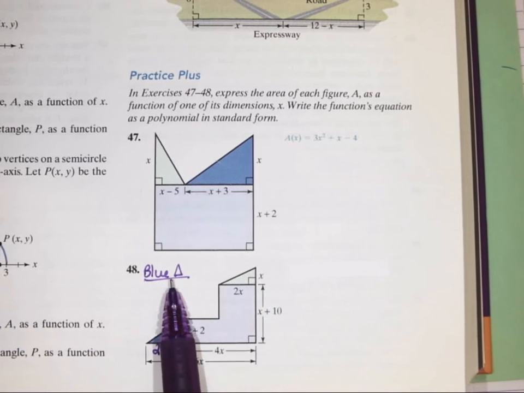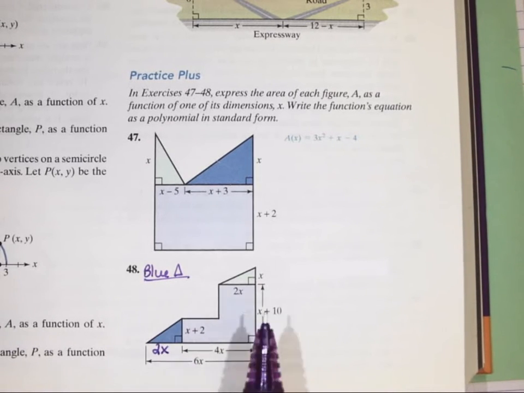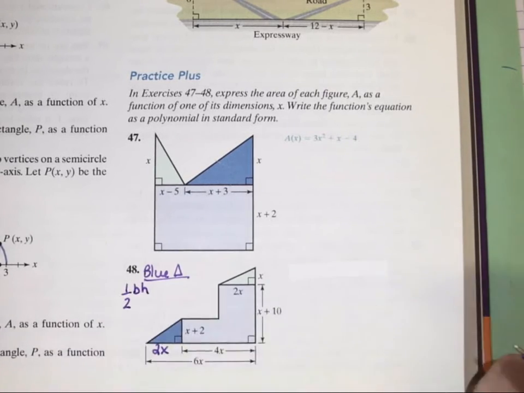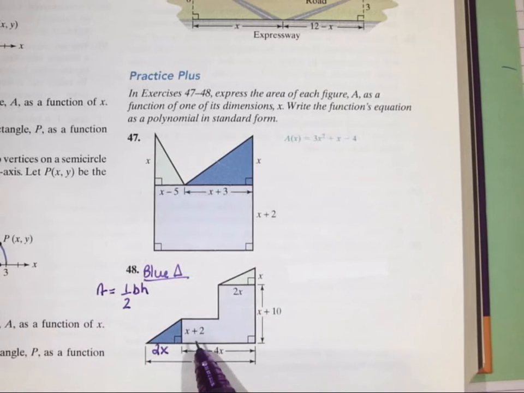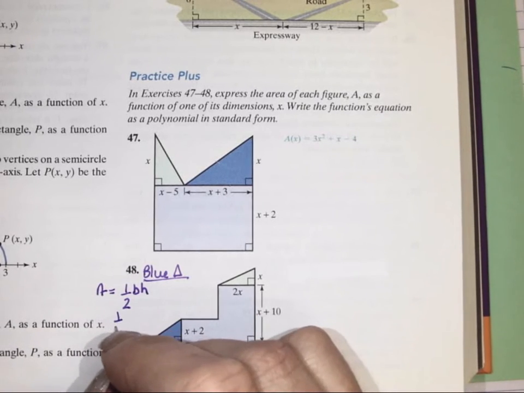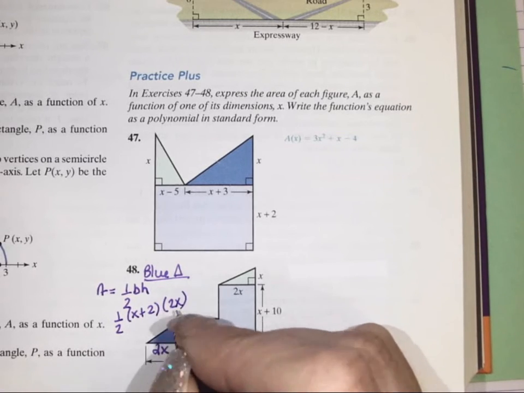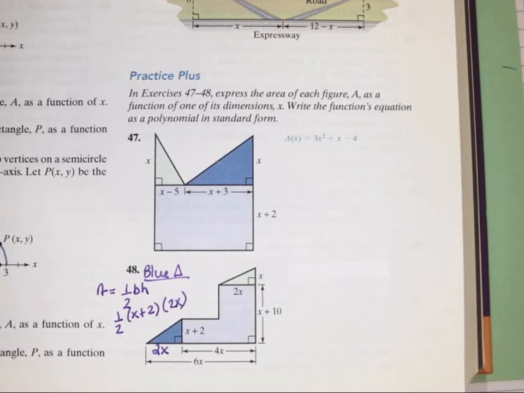So we can go ahead and find the area of the blue triangle by saying 1/2 base times height at the bottom. So take the 2x and the x plus 2 and multiply those together.